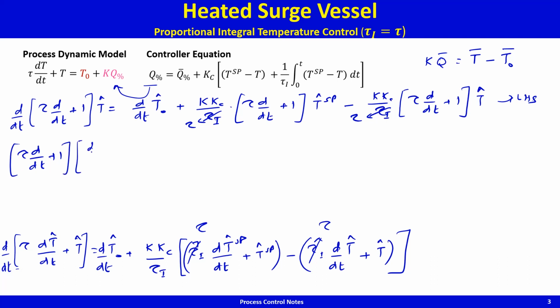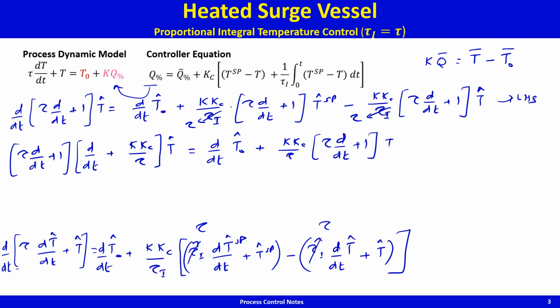And then you get d by dt plus kc by tau operating on t tilde is going to be equal to d by dt operating on t naught tilde plus kc divided by tau times the operator tau d by dt plus 1 operating on t tilde set point.